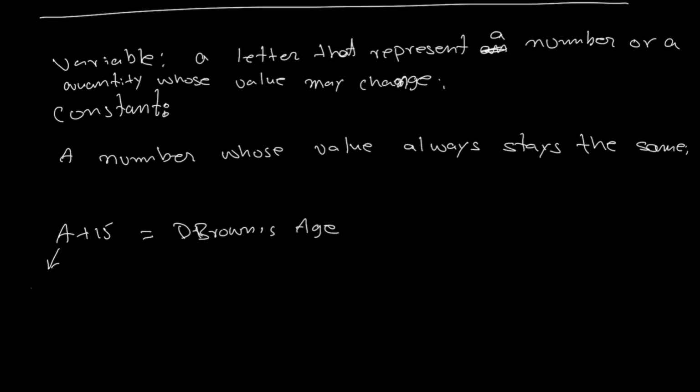A is Abdul, plus 15 is the difference between my age and his. So what is constant here? 15. The number 15 was constant because it always stays the same. It was the difference between my age and Derek Brown's age.